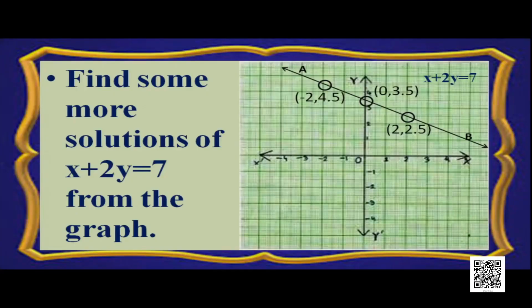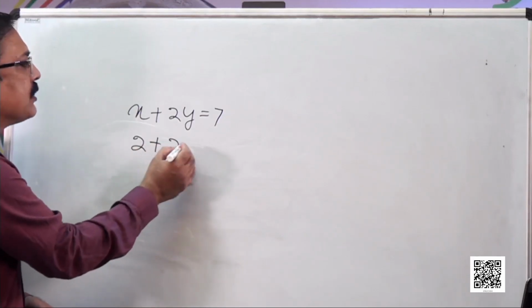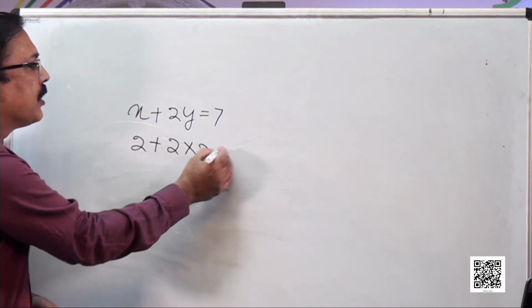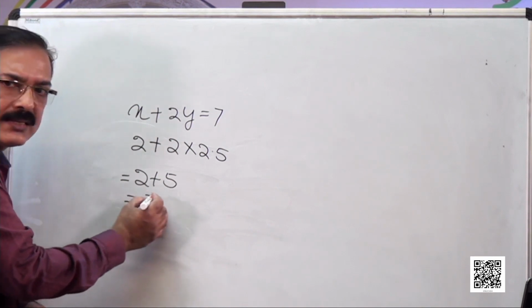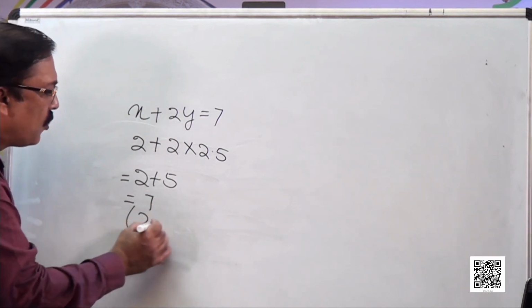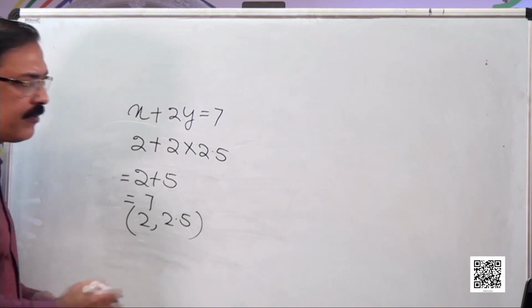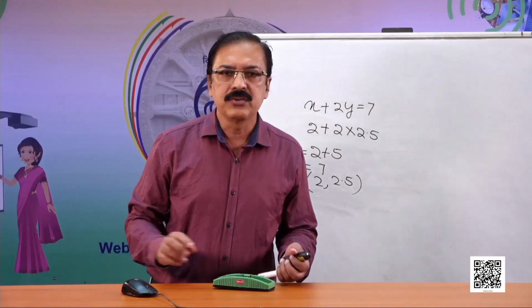So 0 and 3.5 is a solution. Now the third one is 2, 2.5. If we put x as 2 and y as 2.5, then we have 2 plus 5, that is 7. So 2, 2.5 is also a solution.